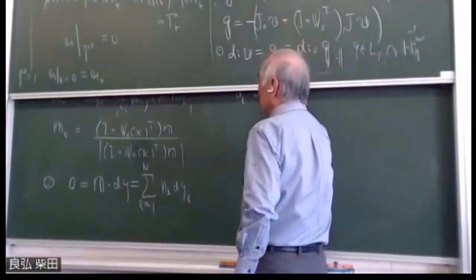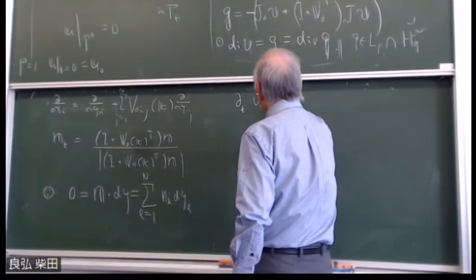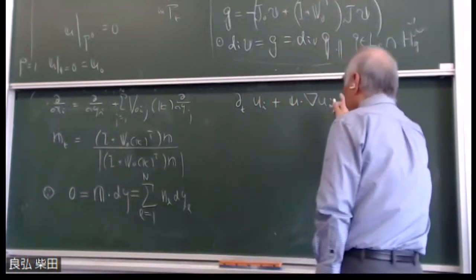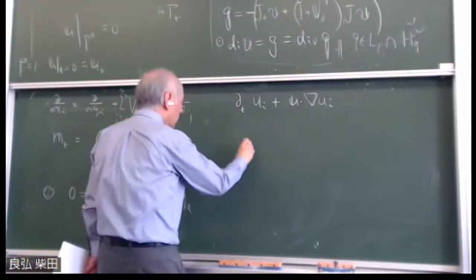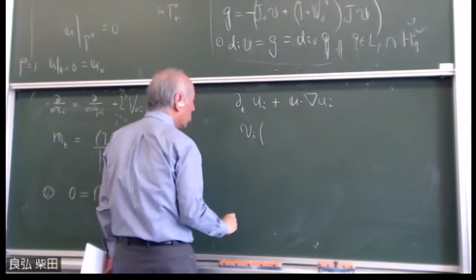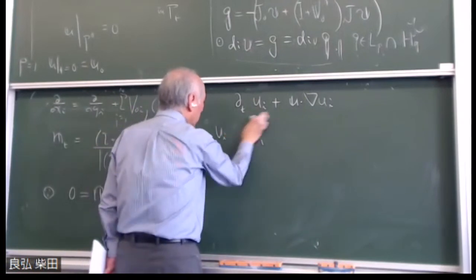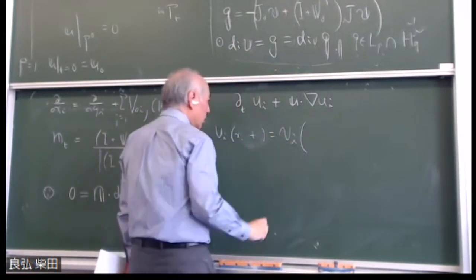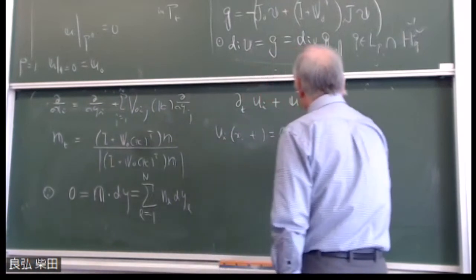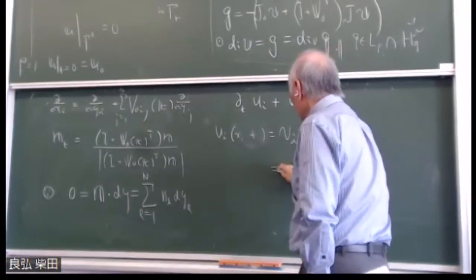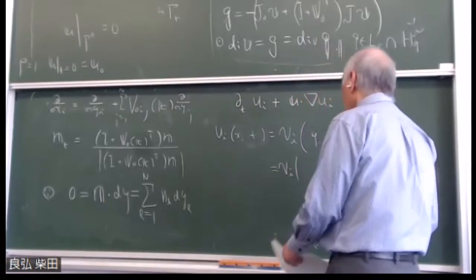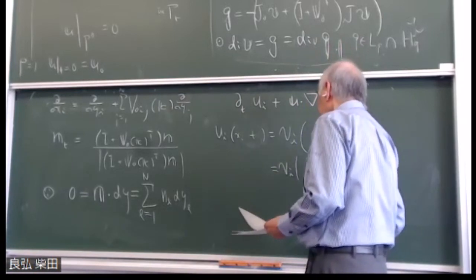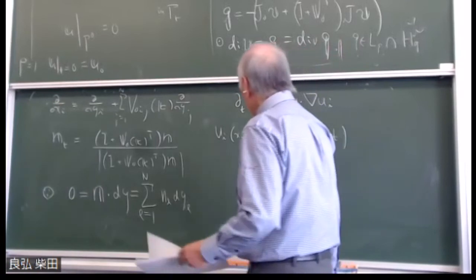Then dtui plus nabla ui. What is it? Maybe it's better to write it this way. So ui is vi, that is, y is equal to vi.